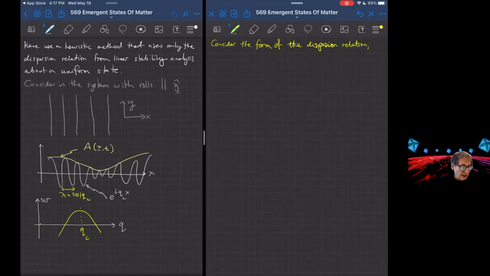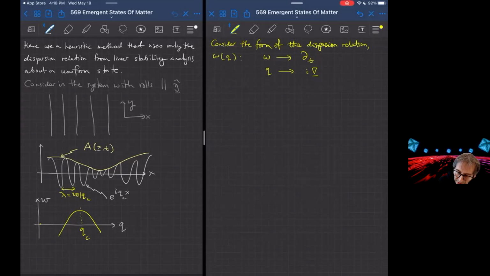So we're going to start off with omega and k, and then convert those into differential operators. So we're going to consider the form of the dispersion relation omega as a function of q, and from that, omega is going to go to something like a d by dt, and q is going to go to something like i times grad. And so if we know the dispersion relation, then we can write down a differential equation that it came from.